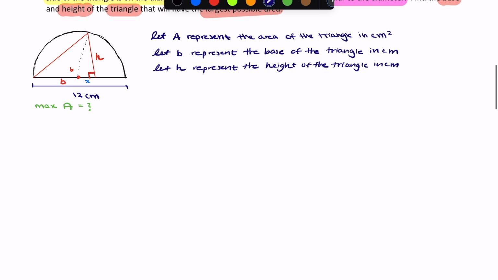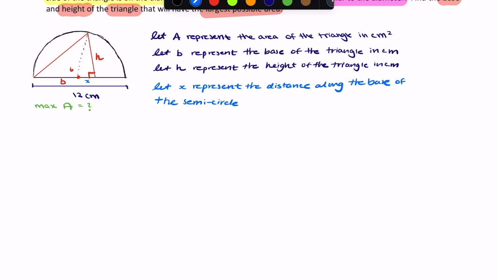Okay, and then finally, I'm going to let x represent the distance along the base of the semicircle from the center in centimeters.